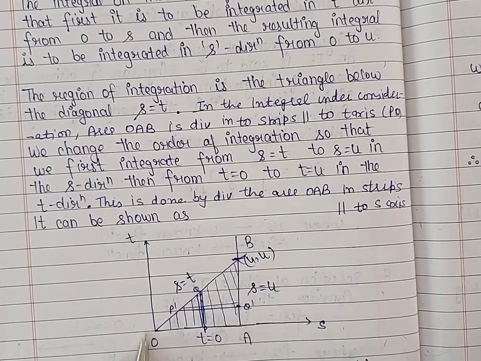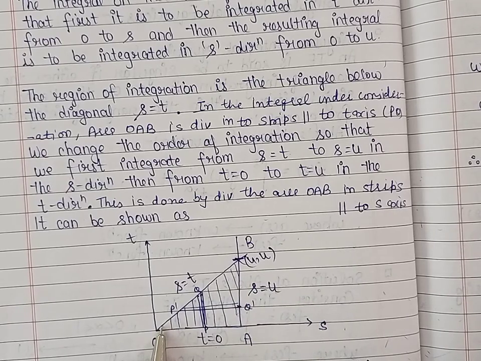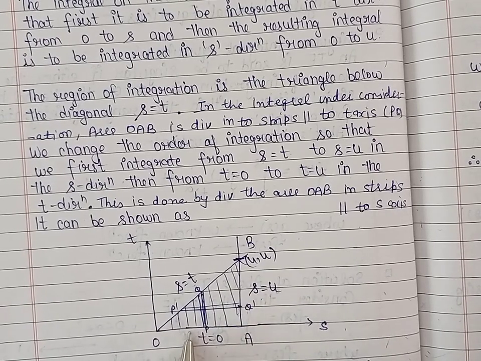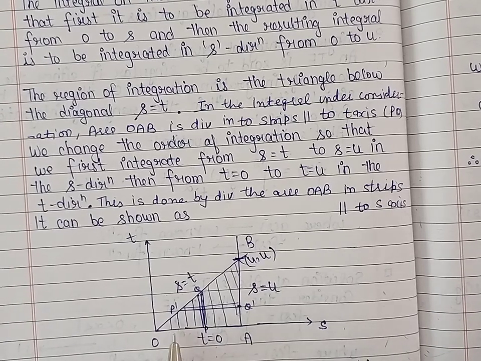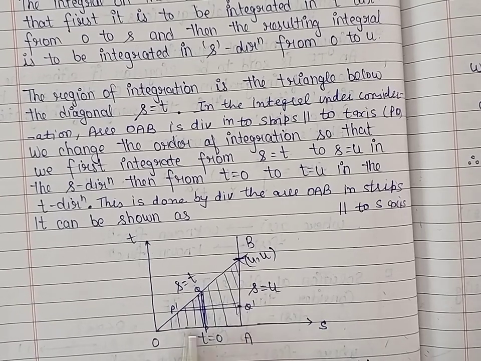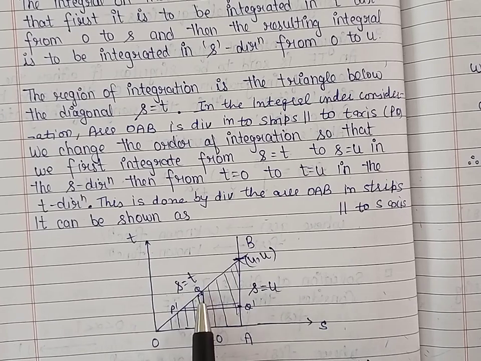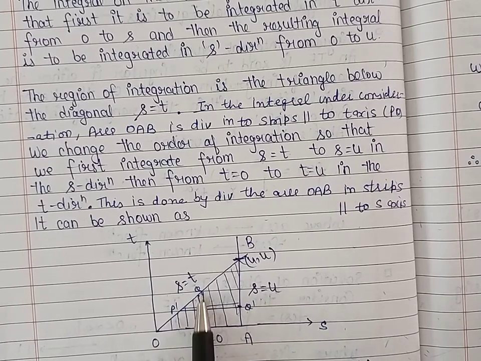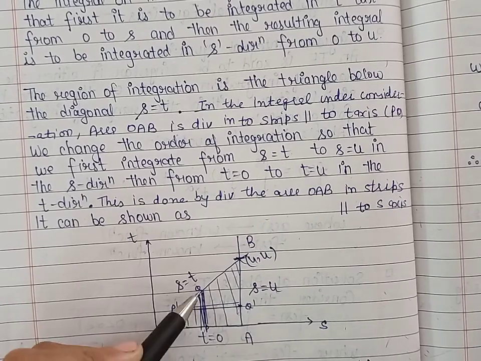Here this is the s axis, this is the t axis, this is the line s is equal to t, and this is the region of integration. Now in the integral under consideration, this area AOB is divided into strips which are parallel to the t axis, this kind of strips. Here one of the strips we have shown, this is the strip PQ.